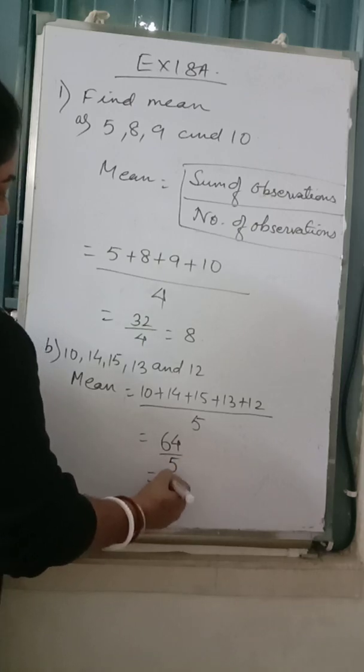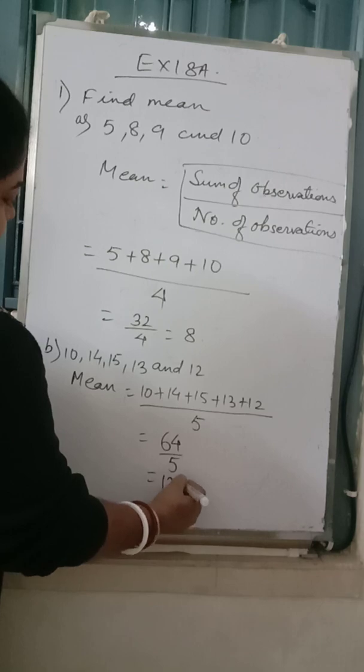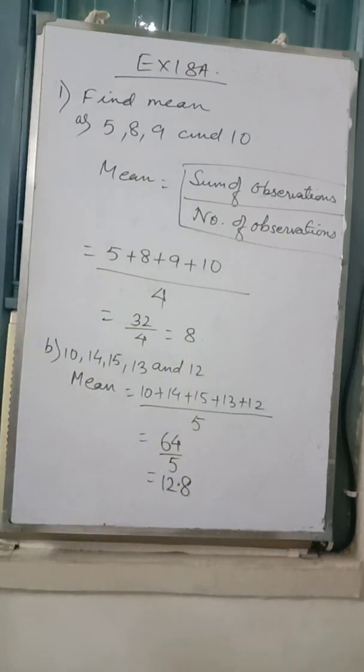Now 5 twos are 10, so 12.8. This will be the mean. In this way we have to find the mean.